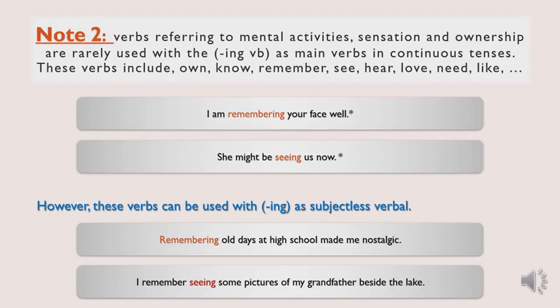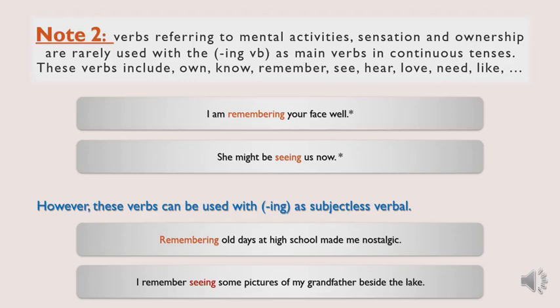We cannot have them with the ing verbal. These verbs include own, know, remember, see, hear, love, need, believe, like, think, etc. All these verbs cannot have the ing verbal in continuous tenses.